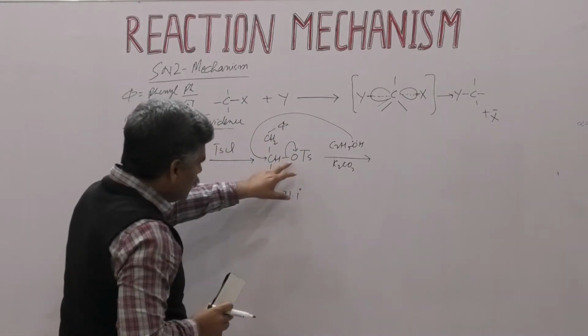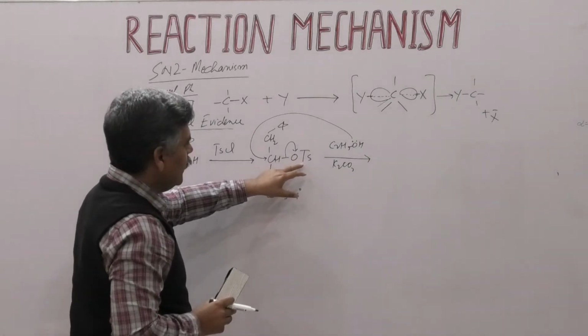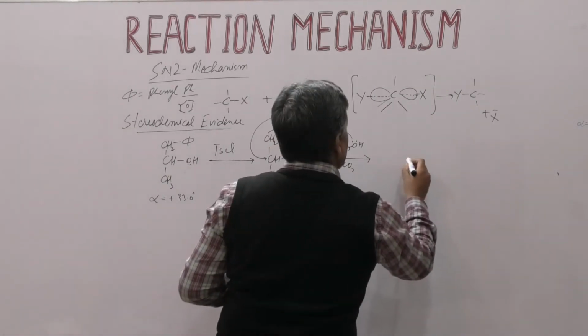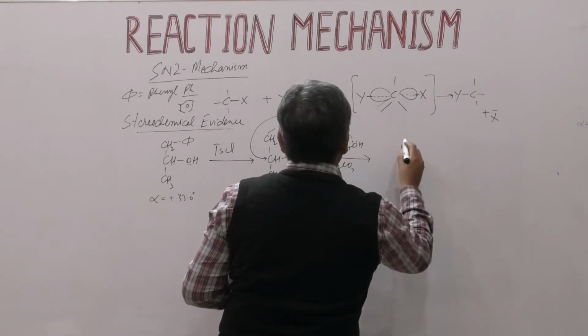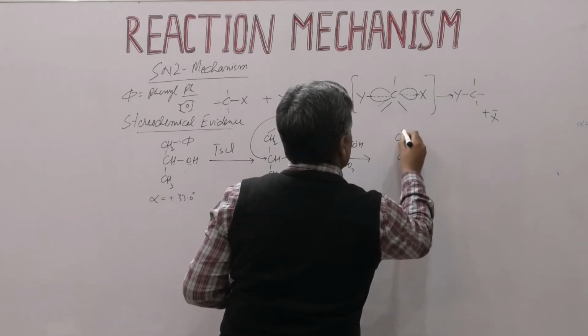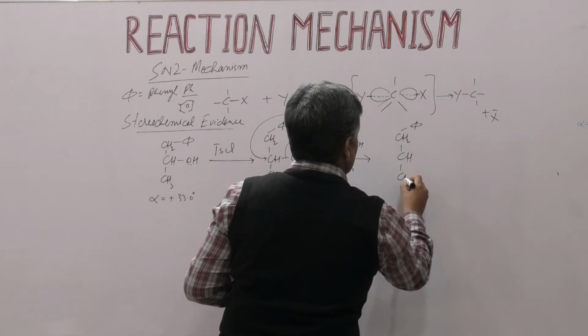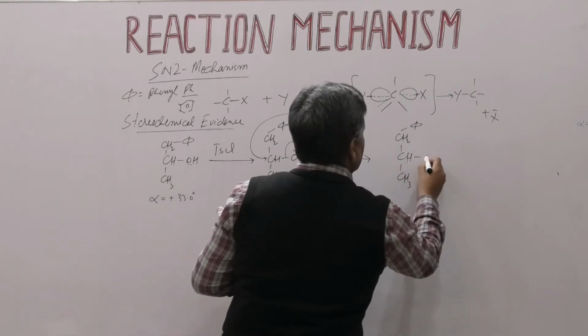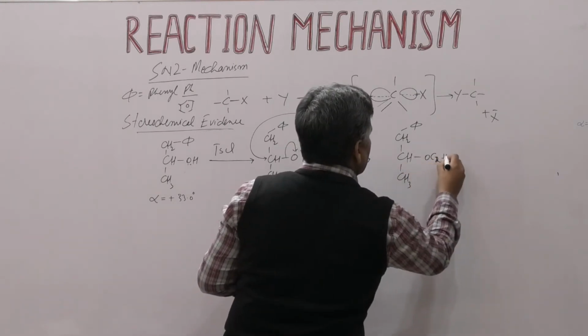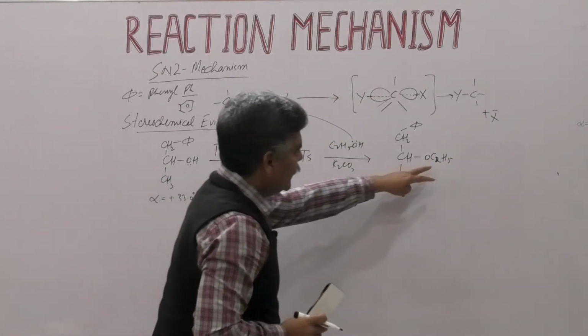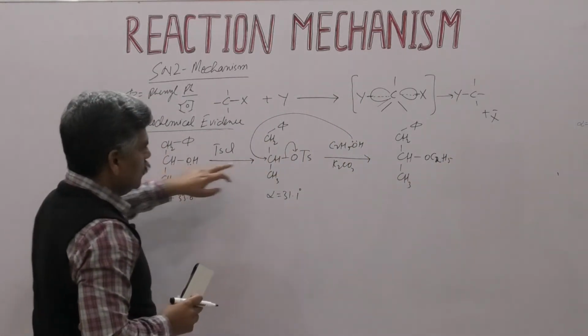Now your leaving group is sulfonate. Okay. So then we have CH, CH2 phenyl, CH3, and we have OC2H5. So this is the ethyl ether of this alcohol.